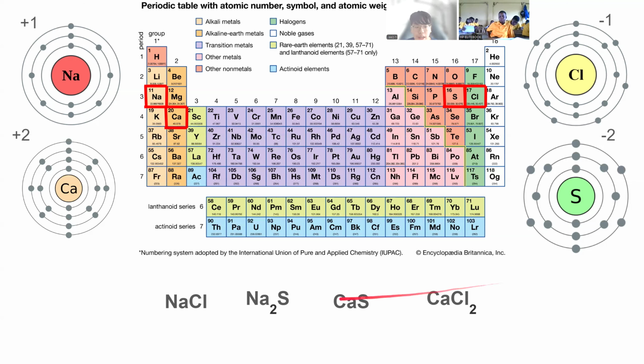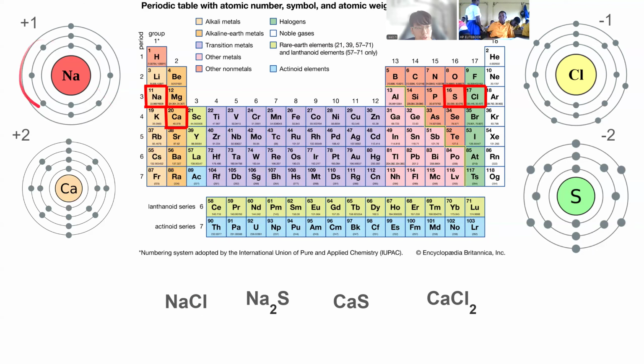If we have Na and Cl combined, sodium and chloride combined, what does it form? It forms NaCl because +1 and -1. You don't need multiple ions. You can just add the two together and it cancels out.